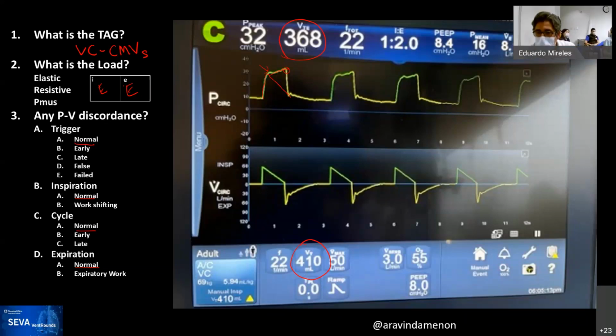BTPS not achieved. Circuit compensation off. Yeah, excellent. So, Rob, do you want to comment about those three items? That's an interesting thing about circuit compensation.